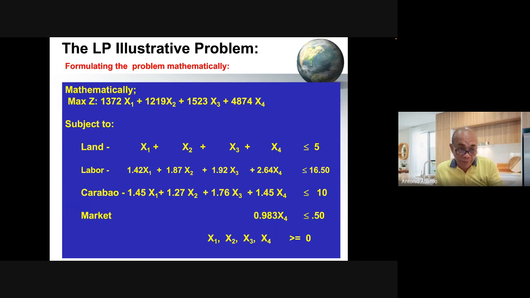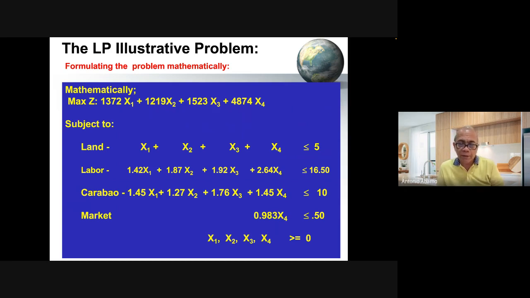Right? 5 hectares of available land. Labor: 1.22 X1 and so on, plus 2.64 X4, and labor has only 16.5 man-months, or man-days. And then carabao: 1.45 X1 and so on, plus 1.45 X4, less than or equal to 10 animal months.